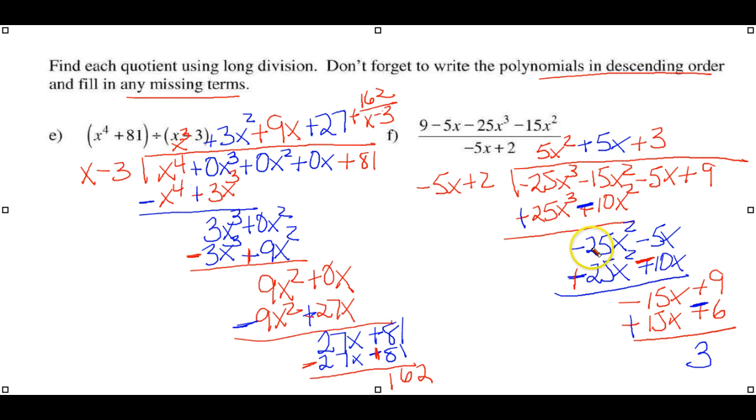Here, this is a negative 25 after this positive 10x squared changes. And then I've shown the changing of the signs, but you have a remainder then of 3. That is plus 3 over negative 5x plus 2.